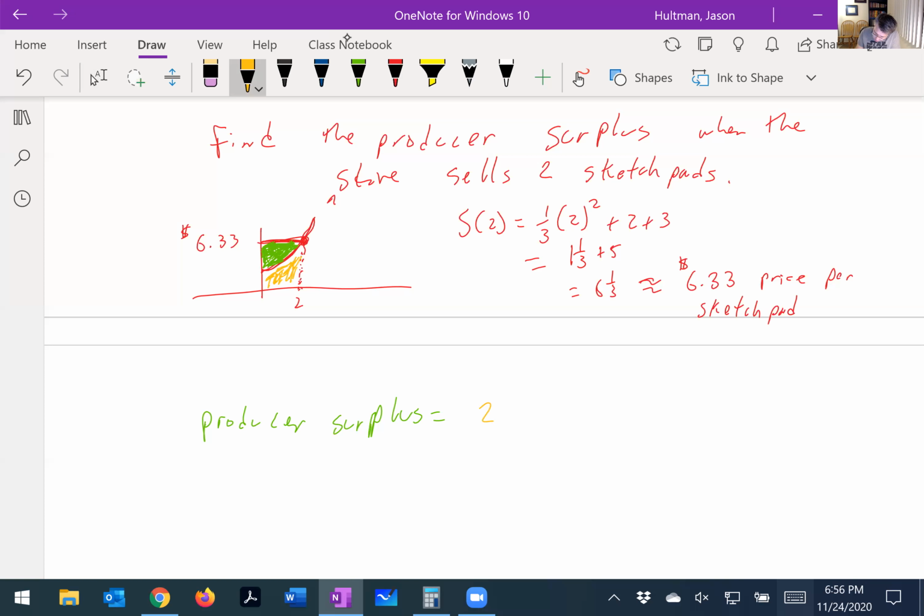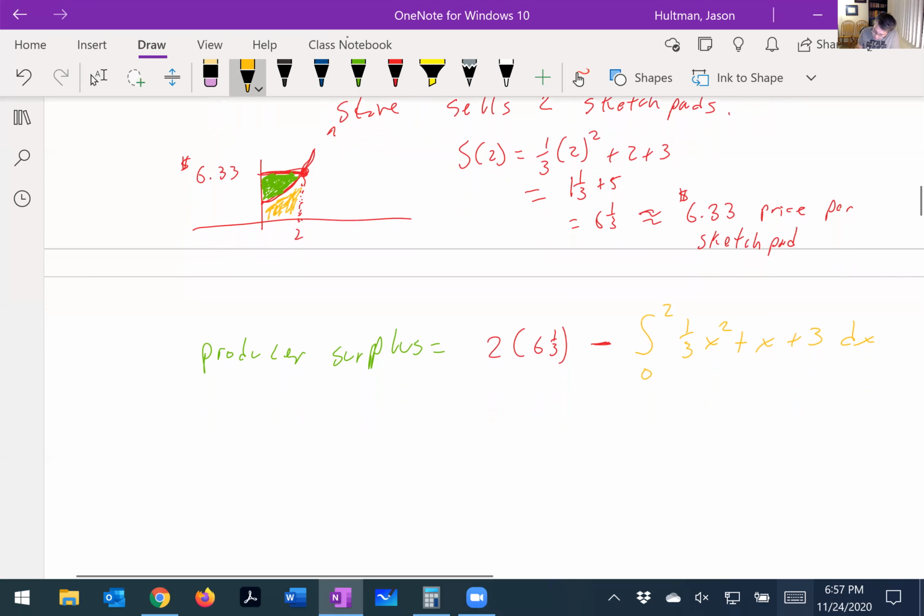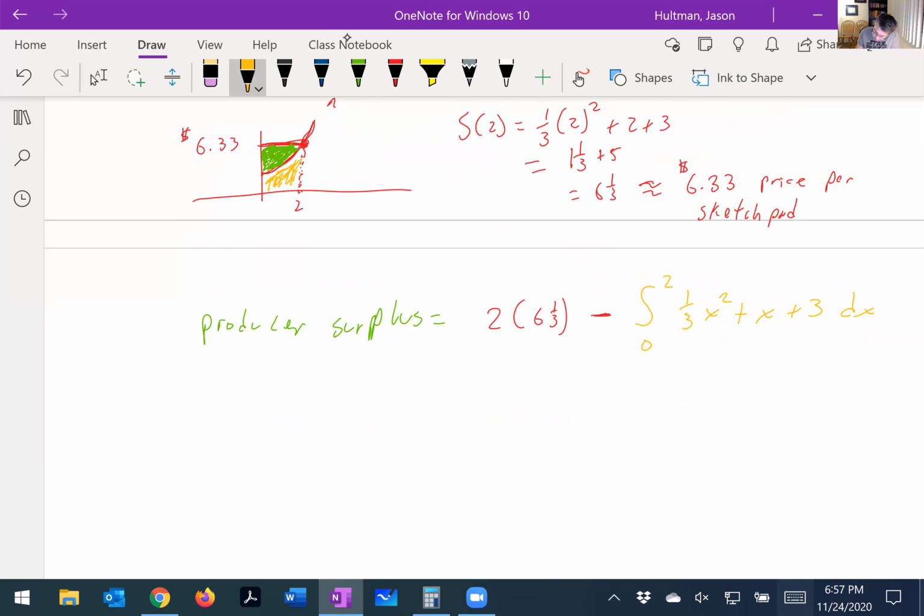This is going to be 2, the rectangle we'll put in red, 2 times 6 1/3, 6.33, minus the area under the curve from 0 to 2 of this function S of x, which is 1/3 x squared plus x plus 3, dx. So this is going to be 12 2/3.